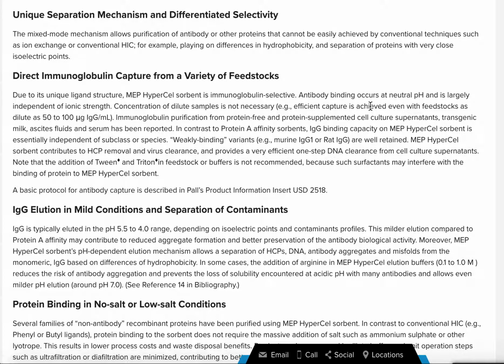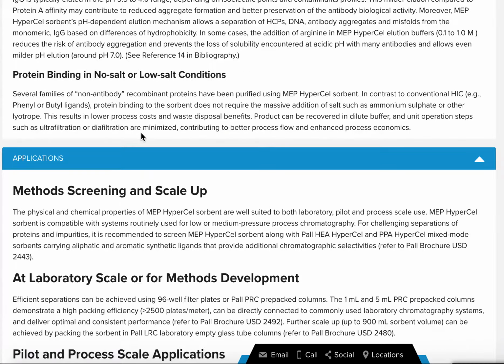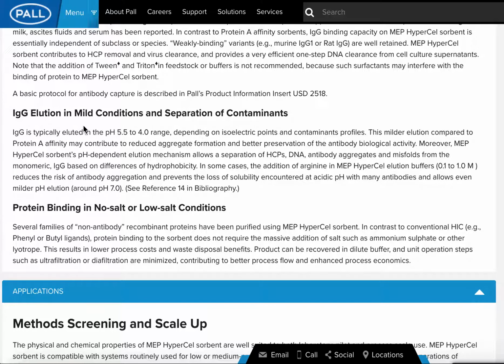Immunoglobulin purification from protein-free and protein-supplemented cell culture supernatant, transgenic milk. You don't need to go through all this. And then IgG elution in mild condition and separation of contaminant.